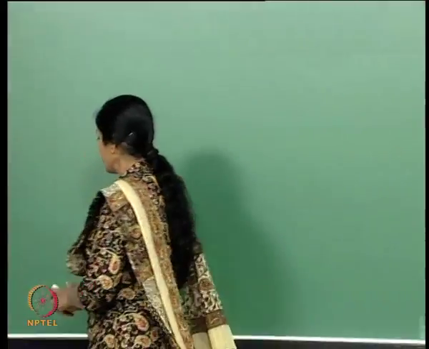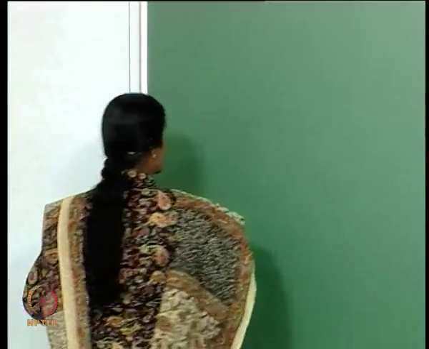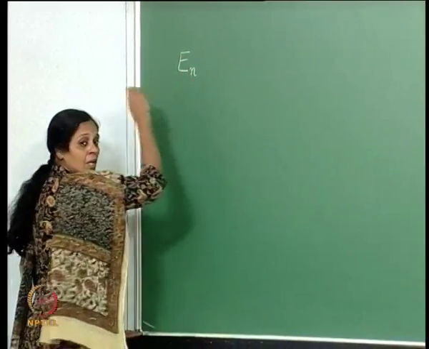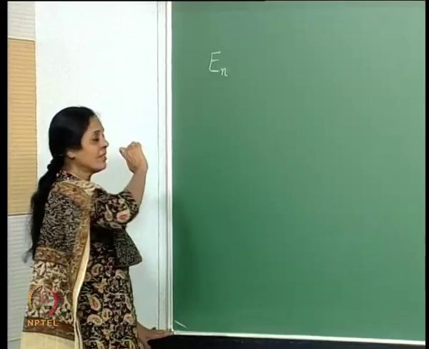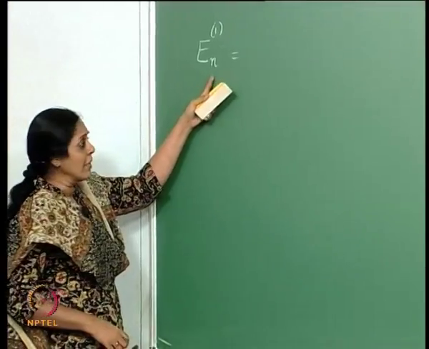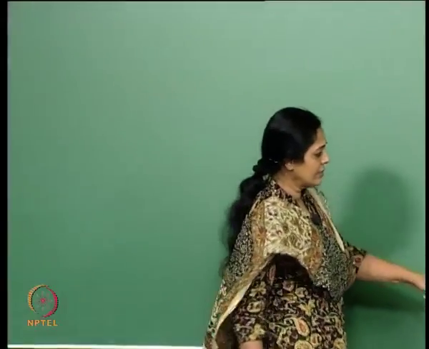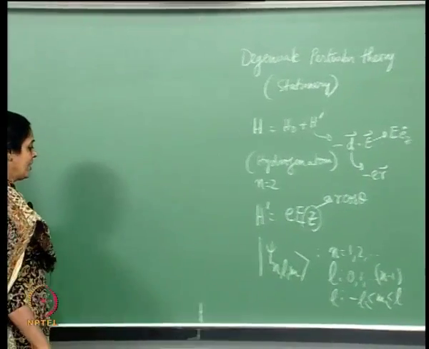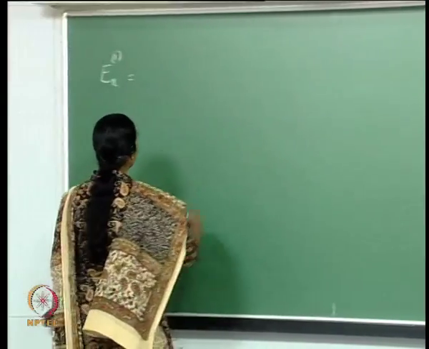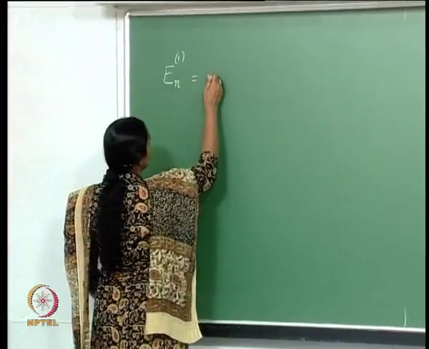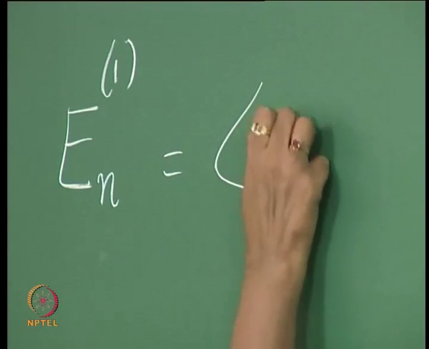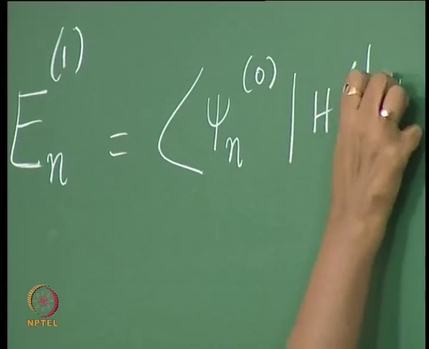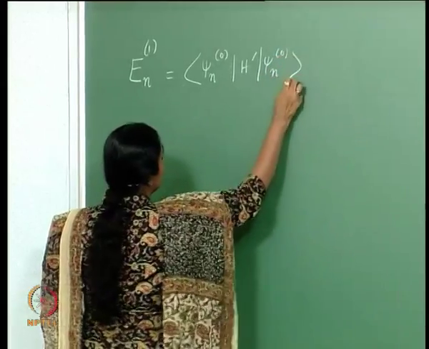We had this expression for the first order contribution to the energy. So if you are talking about the discrete level n, I could use the same n here and here, because E sub n depends upon the value of n. So En1 is simply psi n0 H prime psi n0.